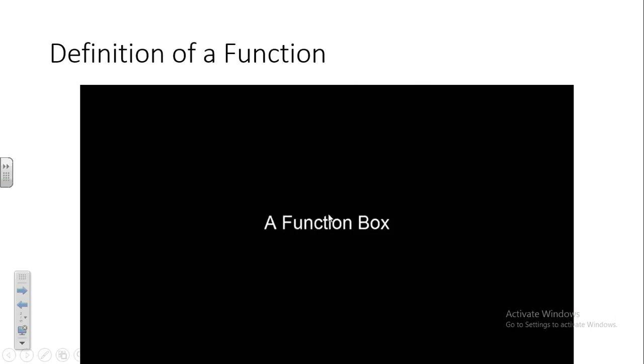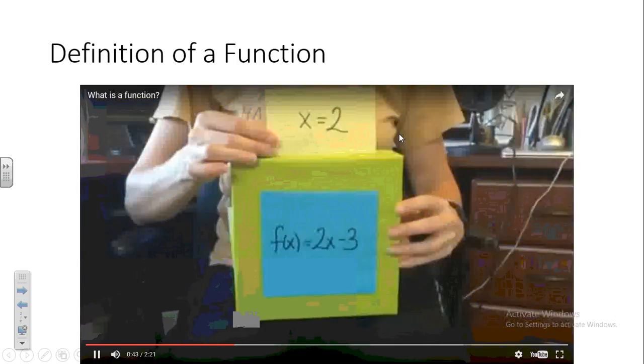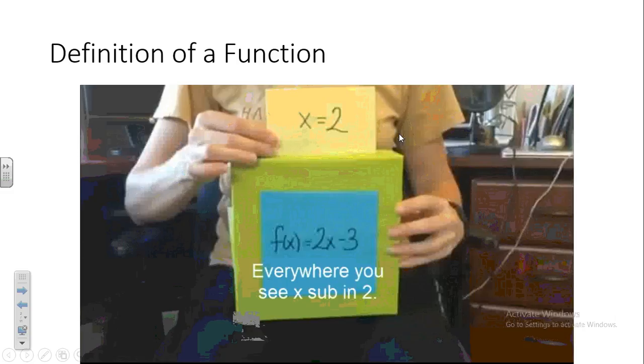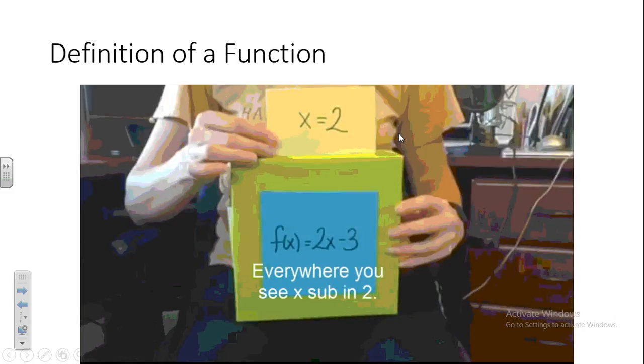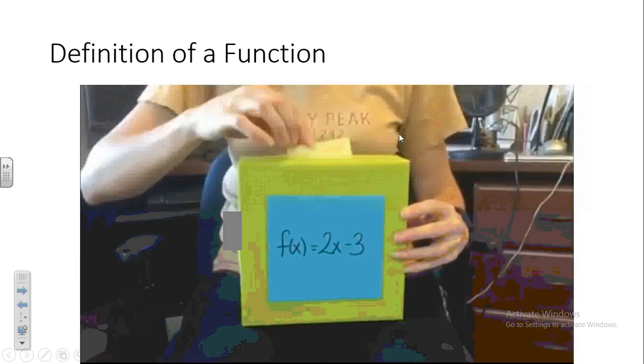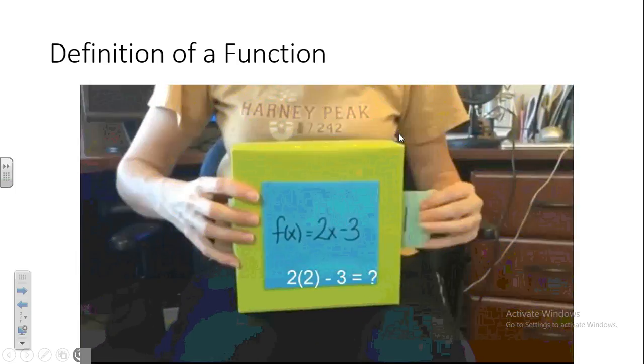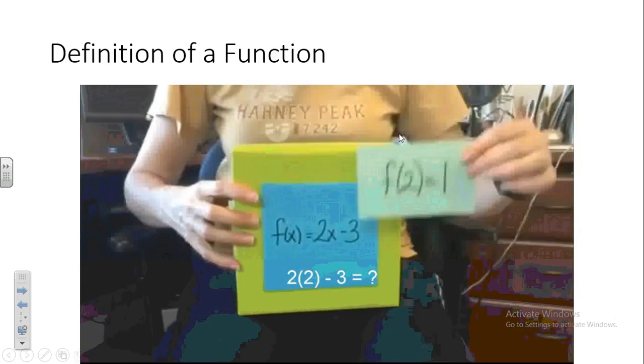So here's a function box. We have the function f of x equals 2x minus 3, and I'm placing x equals 2 into that function box. What should come out? 1, right?